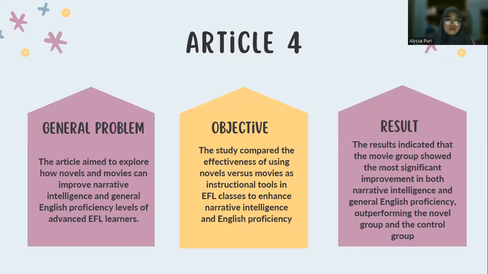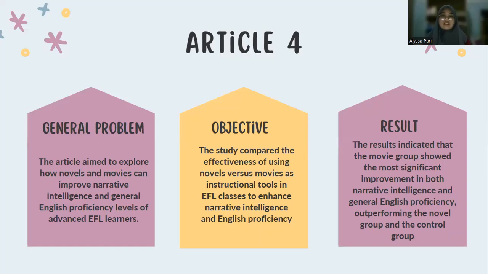The general problem of Article 4 is that the article aims to explore how novels and movies can improve narrative intelligence and general English proficiency level of advanced EFL learners. Now, the objective of Article 4 is that the study compared the effectiveness of using novels versus movies as instructional tools in EFL classes to enhance narrative intelligence and English proficiency.